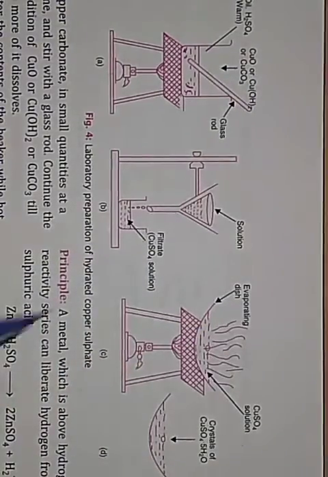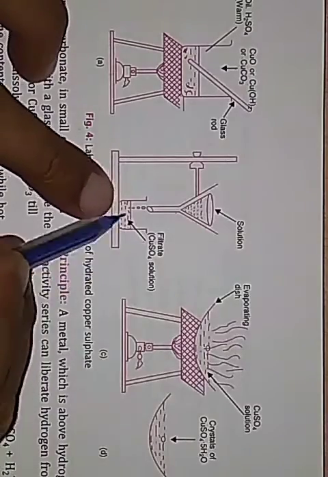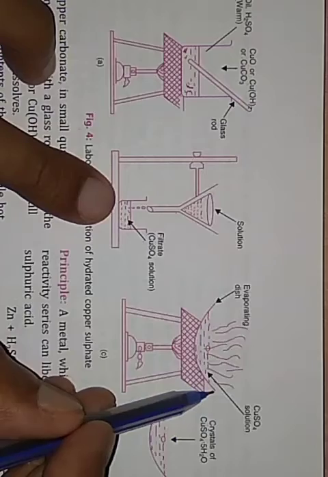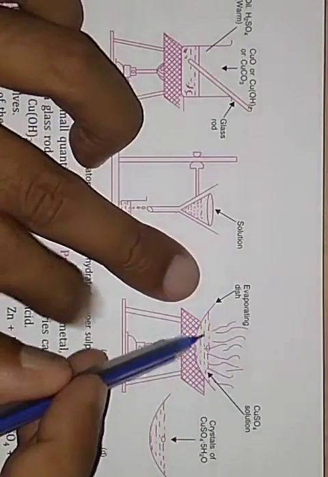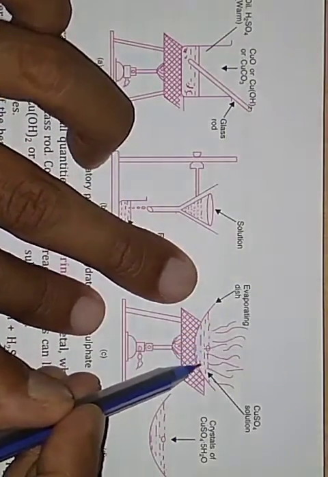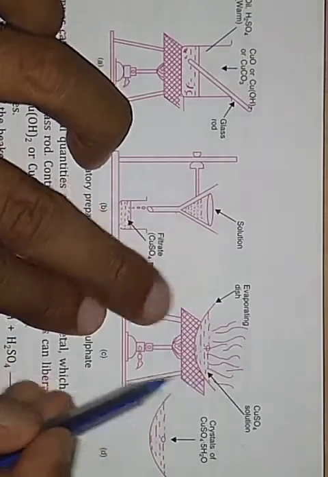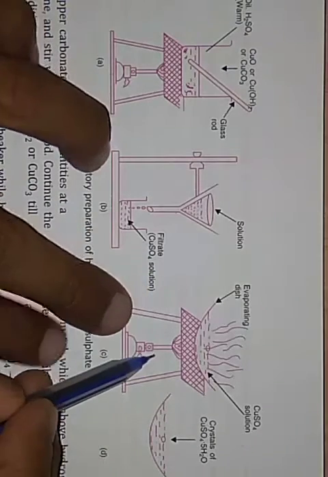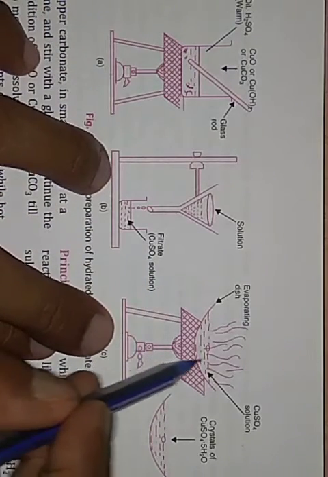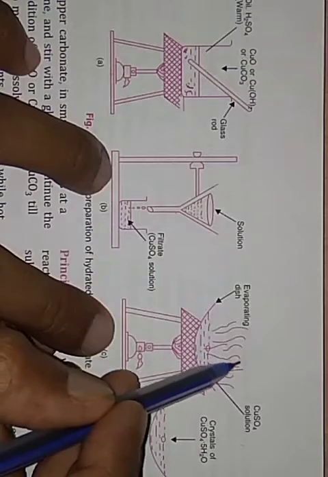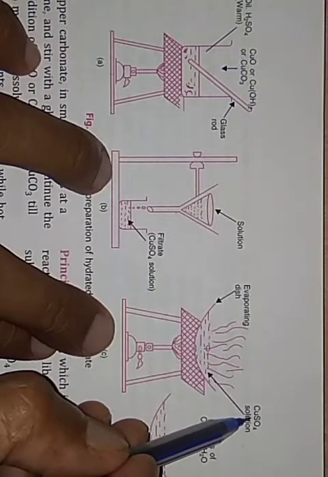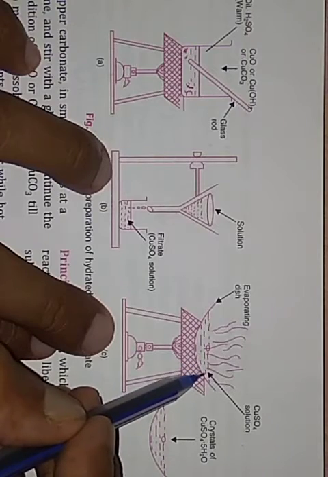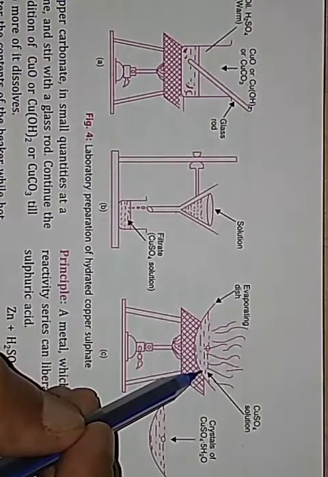Then take this filtrate copper sulfate solution into a china dish or evaporating dish, and heat the china dish or evaporating dish by the help of the burner. After heating, the evaporation will start and the copper sulfate solution reaches its saturation stage.